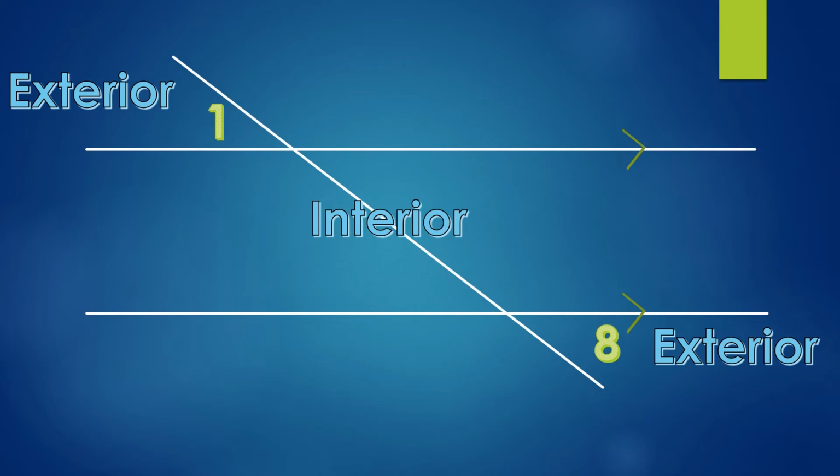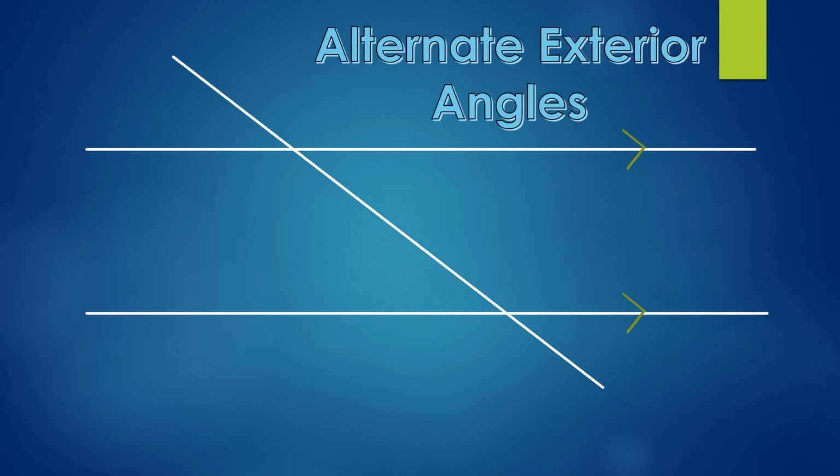So let's get into angle 1 and angle 8. Angle 1 and angle 8 are called alternate exterior angles. Now the reason they're called this is because they're on the exterior of the parallel lines, and they're on alternate sides or opposite sides of the transversal.